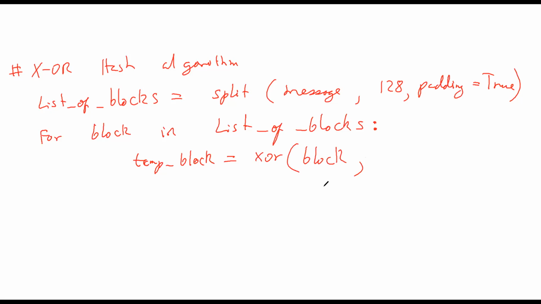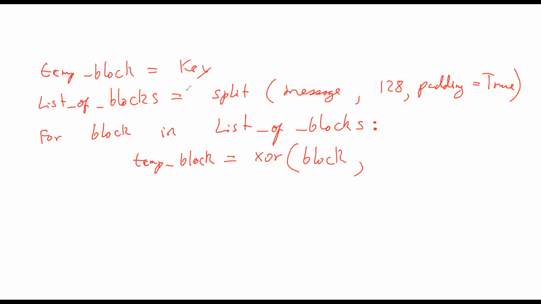And what do I XOR it with here, do you think, guys? The key or another block. Perfect, very good. So I'm just going to initialize temp block to, for instance, the key. That's a good one.